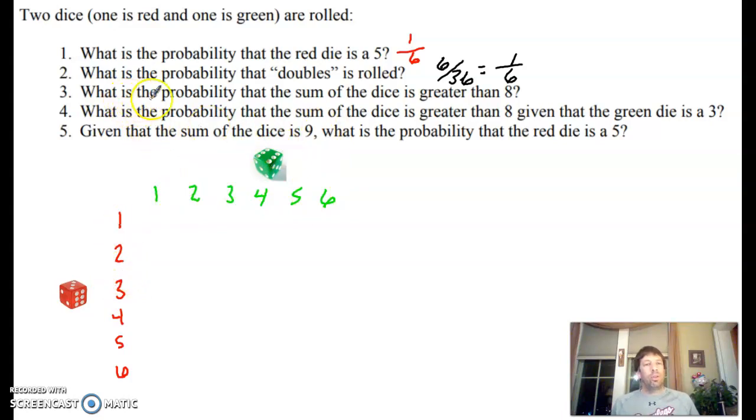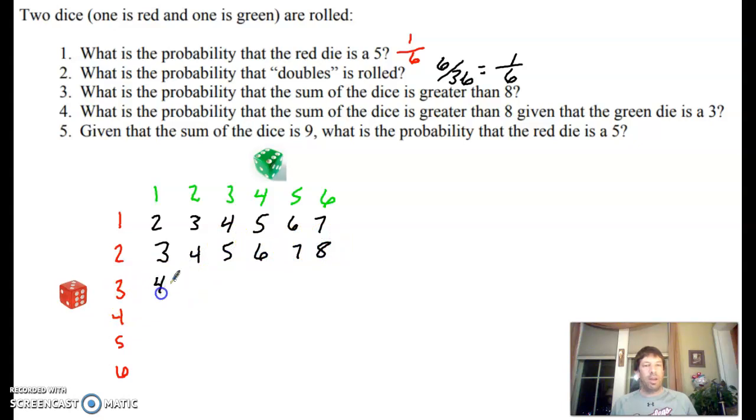All right, number 3. What is the probability that the sum of the dice is greater than 8? So now we need to know the sum. So I'm just going to do this quickly here. 1 plus 1 is 2. 1 plus 2 is 3, 4, 5, 6, 7. Next row, 2 plus 1 is 3. 2 plus 2 is 4, 5, 6, 7, 8.